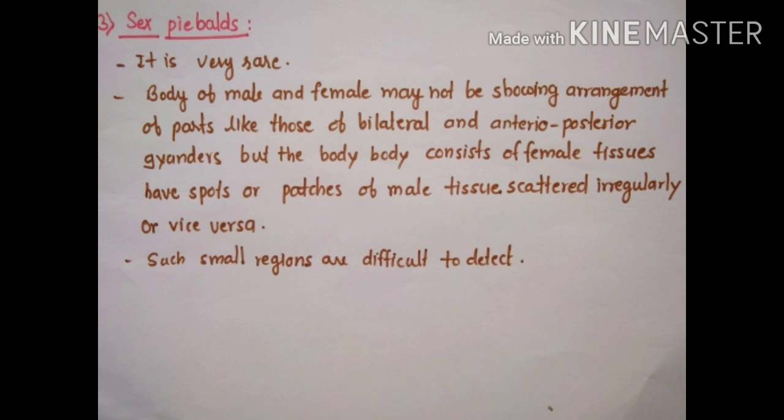Remember that in Drosophila we observe the bilateral Gynandromorphus and also some moths show the bilateral Gynandromorphus, but some beetles show the antero-posterior type of Gynandromorphus.